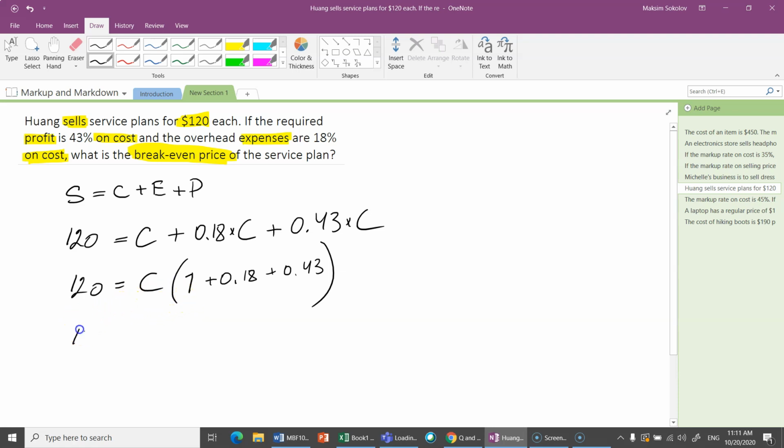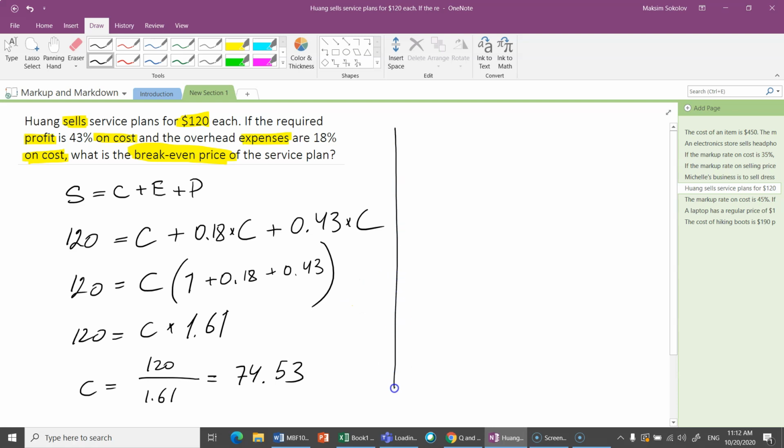Okay, now 120 equals C times 1.61. C therefore is 120 divided by 1.61. It's 74.53. So the cost is $74.53.